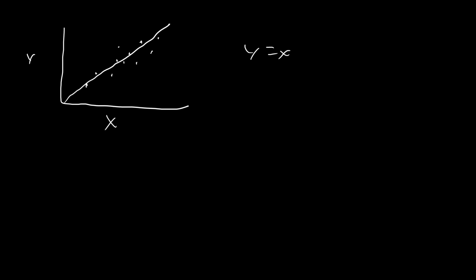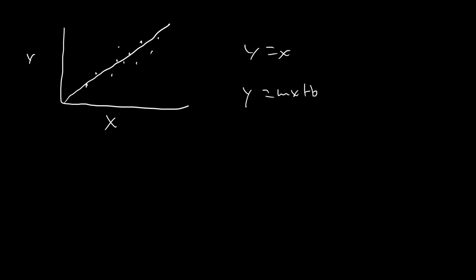However, what I want to do is create an equation of the form y equals mx plus b that is pretty close to our data set values. So I want to minimize the error in between the line and the actual data points themselves.